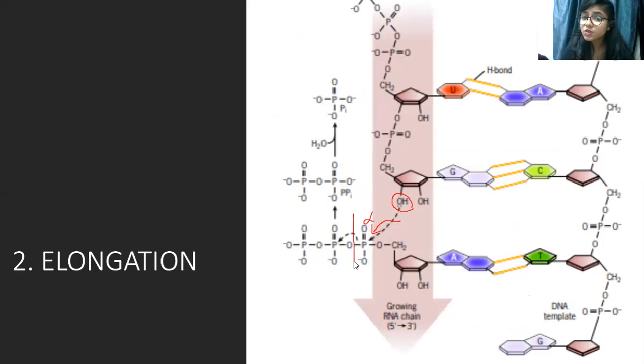The extra two phosphates are released in the form of energy. 2 Pi are released in the form of energy along with one water molecule. Okay, this is what happens. So when the next rNTP comes, this hydroxyl group will attack the next phosphate, and this continues. This is the elongation process as a whole.